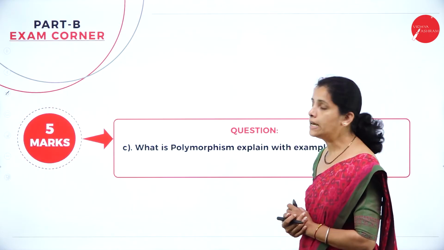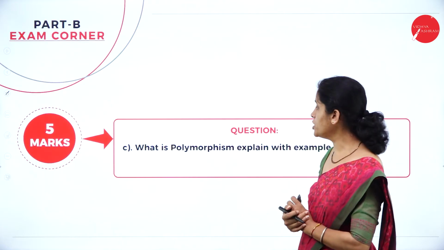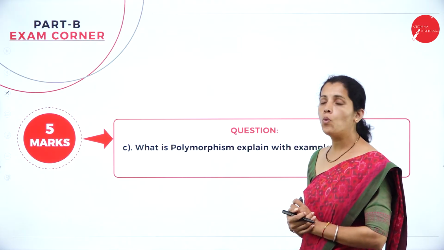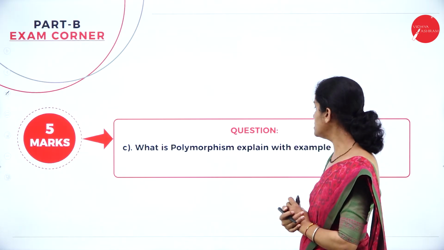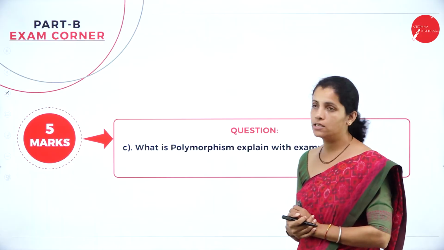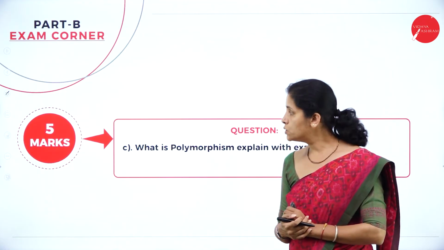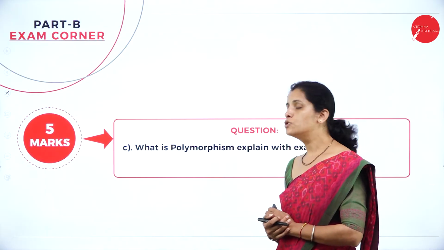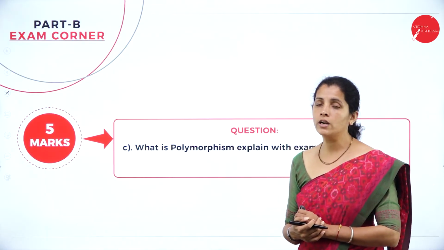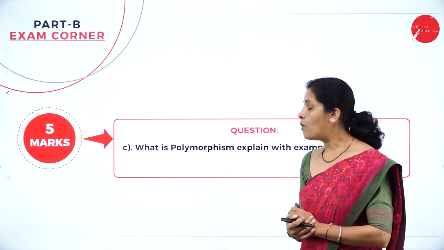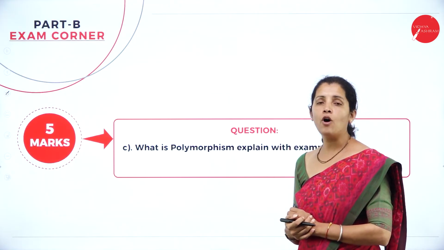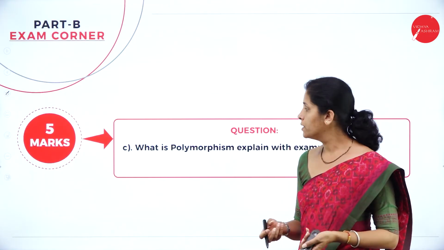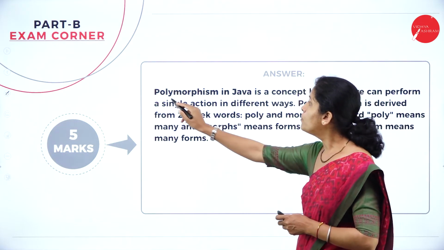Now, dear student, let me consider another question: what is polymorphism? Explain with example. This question is only for 5 marks. So, poly in the sense of what? Many. Morphism in the sense of what? Form. So, many forms.